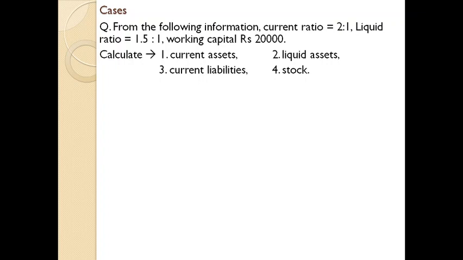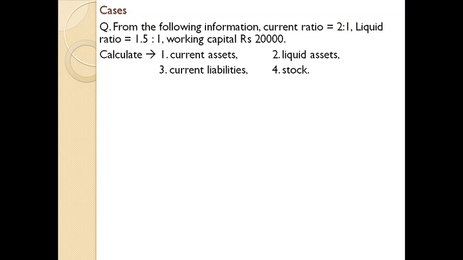So remember, whenever you get an application question like this, first you remember the various equations relating to the case. We know what is meant by current ratio. We also know what is meant by liquid ratio, and also know the equation of working capital. So where to start?